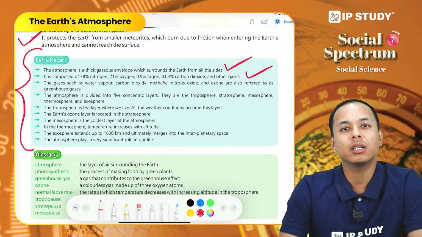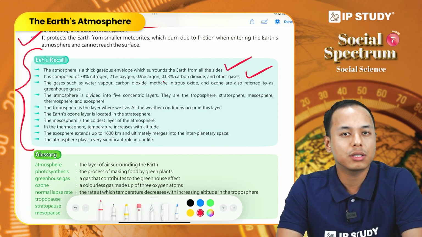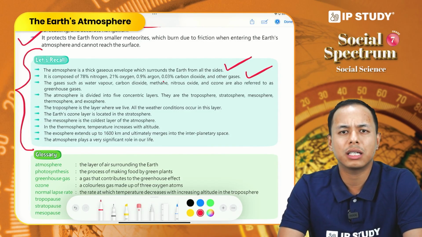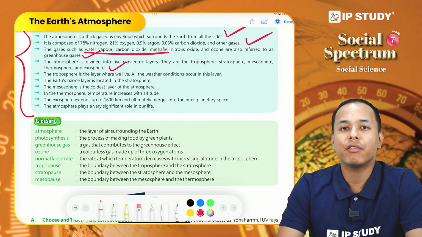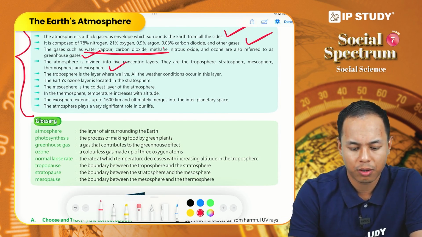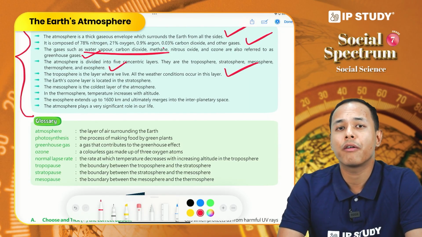Its composition is nitrogen, oxygen and other gases. Nitrogen and oxygen are the two primary gases, and apart from that, argon, carbon dioxide and others are also there. When we talk about structure, we have 5 important layers: troposphere, stratosphere, mesosphere, thermosphere and exosphere. The troposphere is the lowermost, weather making zone.